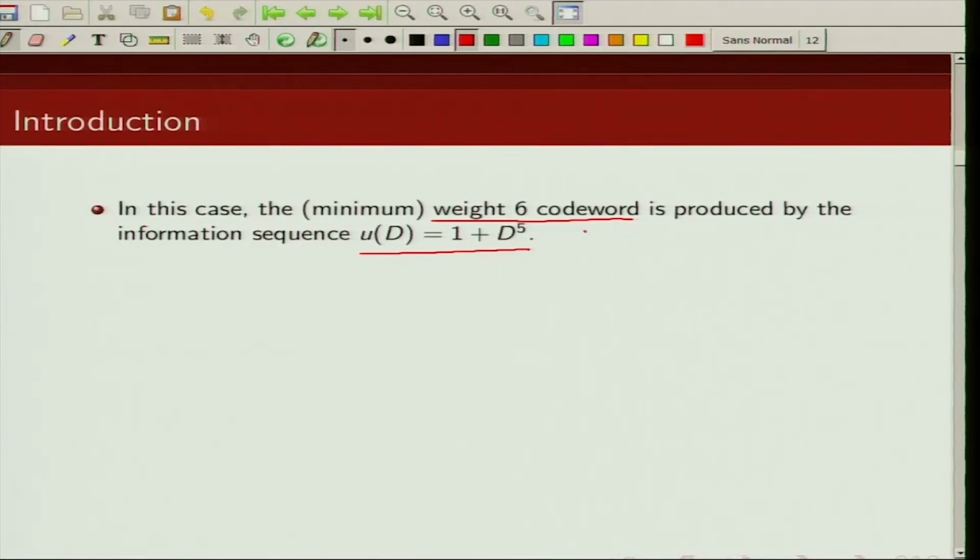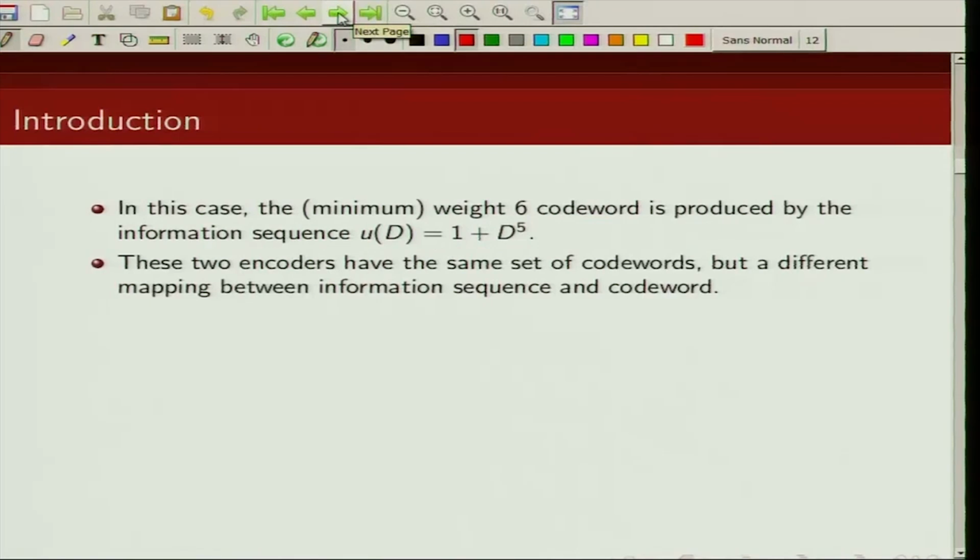So this is 1 0 0 0 0 1. So this is 1, D, D square, D cube, D^4, D^5. So this is produced by a sequence of this form. Now since these two generator matrices are equivalent, they will produce the same set of code words. The only difference is that the mapping between the information sequence and code word will be different.